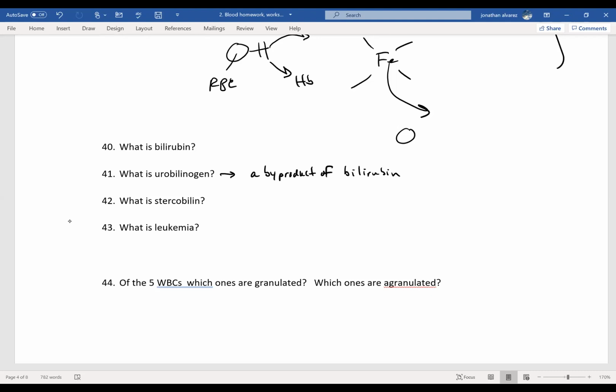At some point, bilirubin is broken down, and it's broken down by gut bacteria. Okay, this is part of the microbiome. You could also say healthy bacteria, like probiotic stuff.